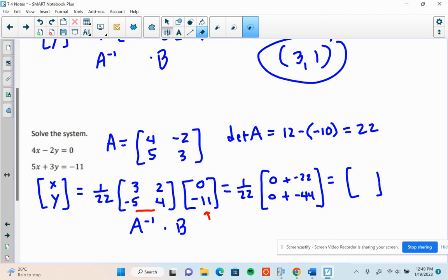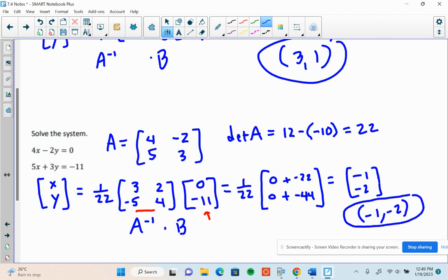Negative 22 divided by 22 is negative 1. Negative 44 divided by 22 is negative 2. Okay, so the solution: x is negative 1, y is negative 2, and we are finished.